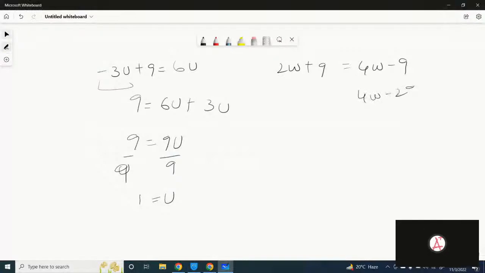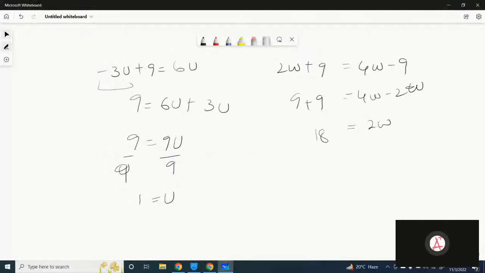4w minus 2w. And then move that negative 9 to this side. So it would be then positive. Got it? So 9 plus 9 is 18. And that equals 4 minus 2 is 2w. Got it?